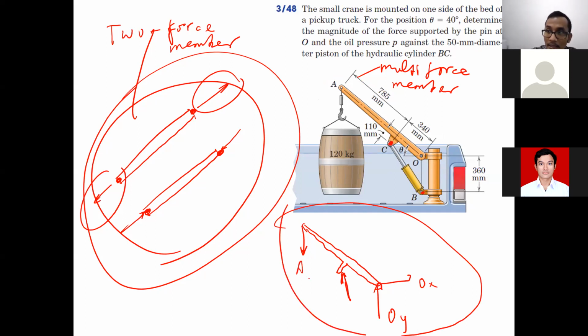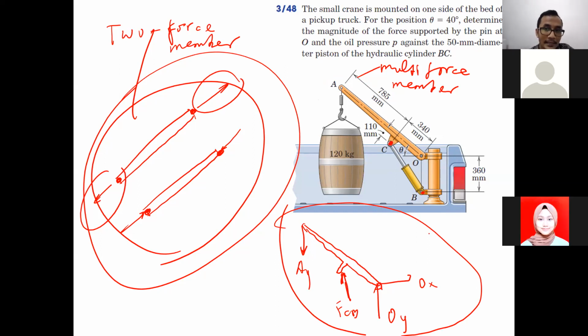Ada AY di sini, kemudian ada FCB di sini, ada OY, OX di sana. Ada banyak gaya yang bekerja di sana, dan tidak hanya di ujung-ujungnya saja. Jadi ini bukan batang dua gaya. Ini multi-force member. Ini batang banyak gaya. Ya, jadi itu cara membedakan antara batang dua gaya dengan batang banyak gaya.